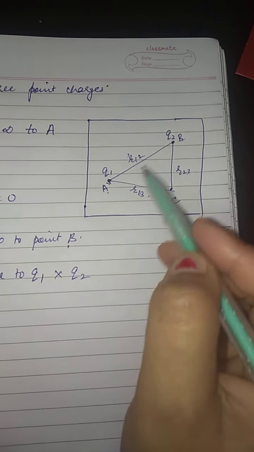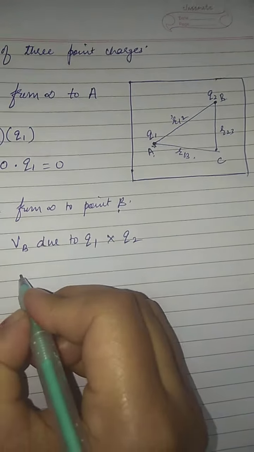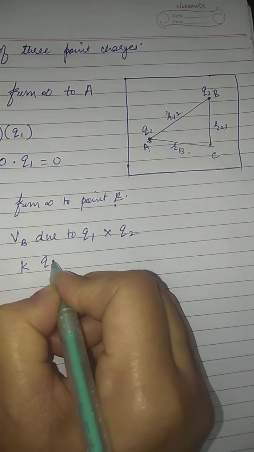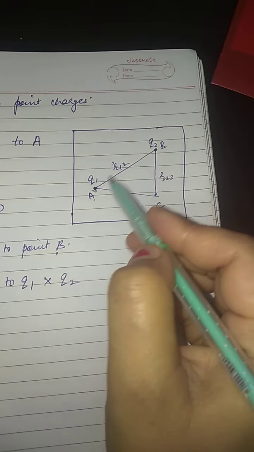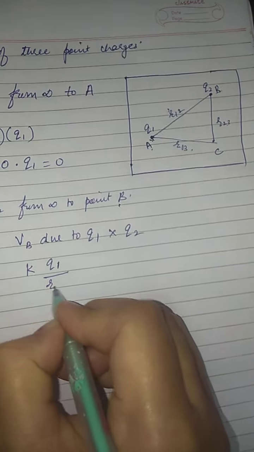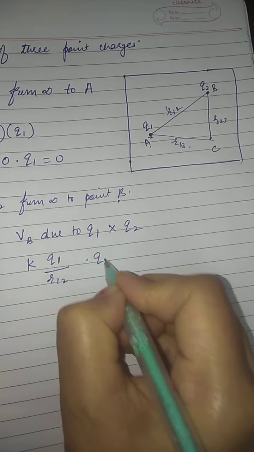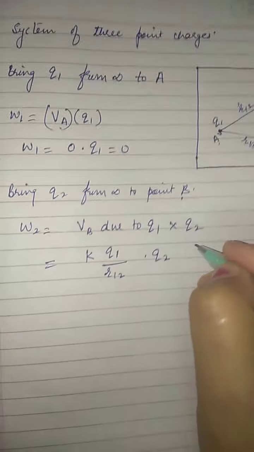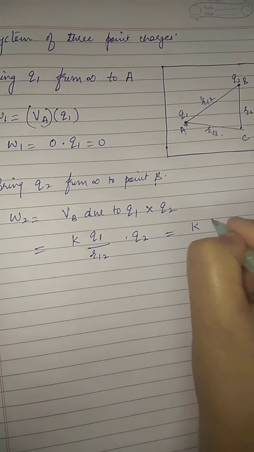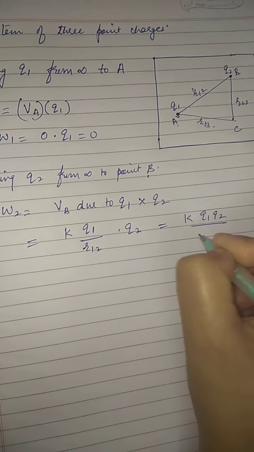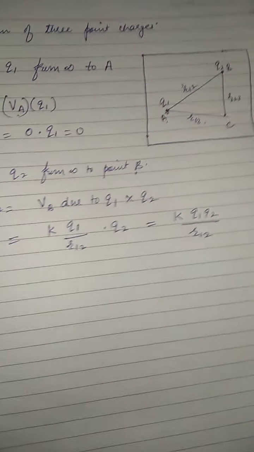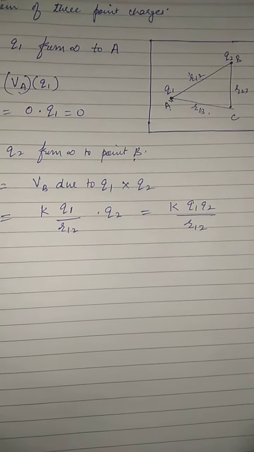So potential at point B due to Q1 would be K Q1 over R12, into the charge we are bringing. So this is the work done in bringing the charge Q2 from infinity to point B.